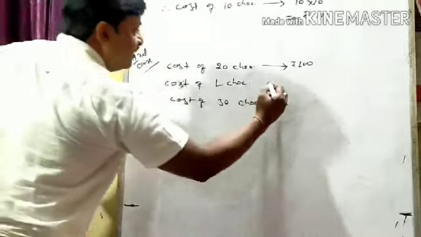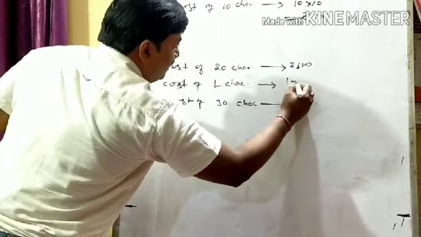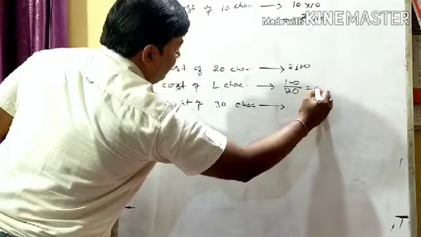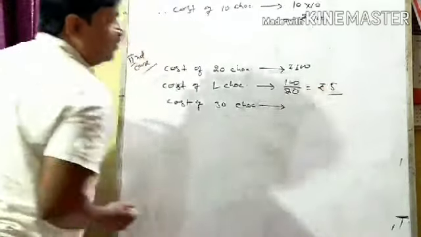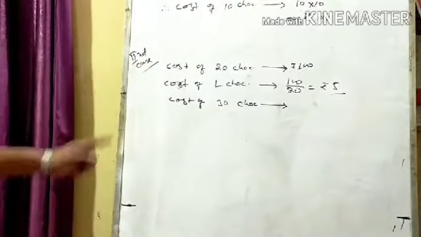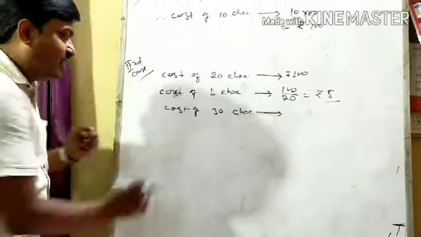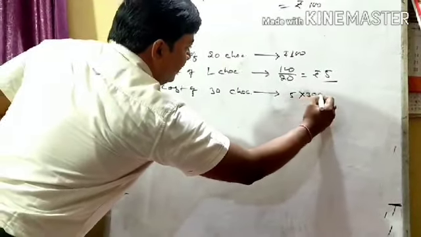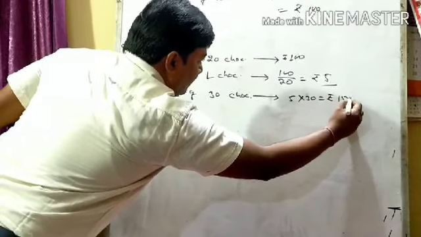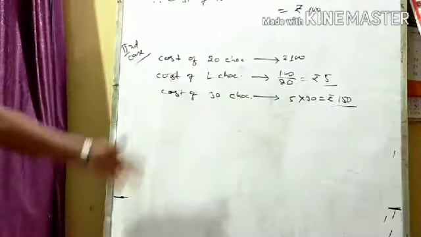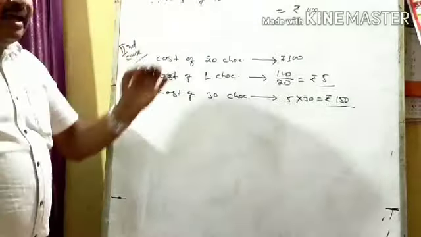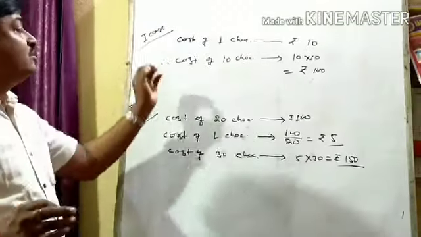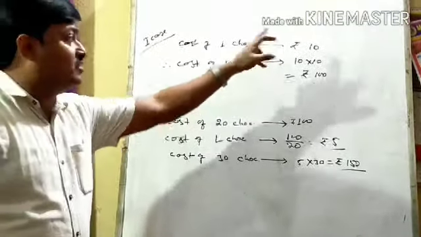So the cost of one chocolate is rupees 100 by 20, that is rupees 5. Therefore, it is very easy to find the cost of 30 chocolate, which is 5 into 30, that is rupees 150.